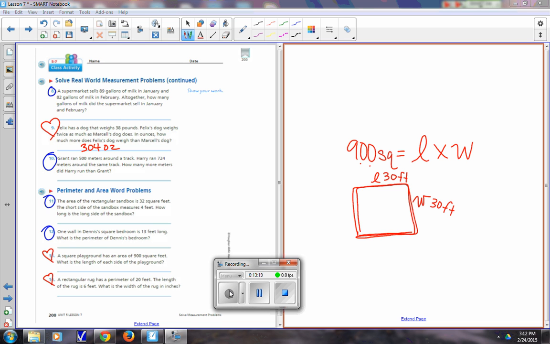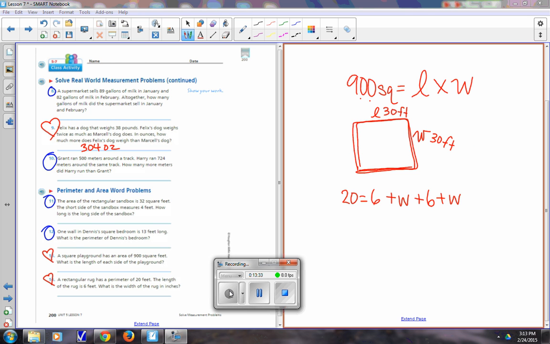A rectangular rug has a perimeter of 20 feet. The length of the rug is 6 feet. What is the width? Here you have a width, and then the length, and then the width. So I have 12 feet, and I also have these 2 W's.